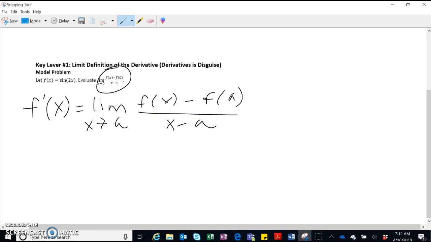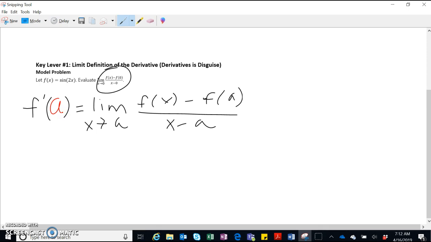So if we can remember this template for a derivative, then when we see some of these limits, we should actually recognize that they meet this criteria and are just requesting that we calculate the derivative of our function. And actually, hold on, let me make sure I'm being accurate here. That x right there, I should have put an a. This is the limit definition of a derivative at a specific point.